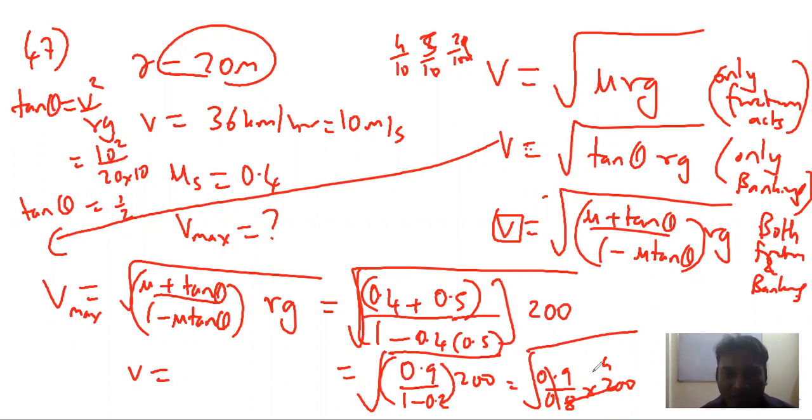So root of 9 by 8 into 200. So let us do this calculation.